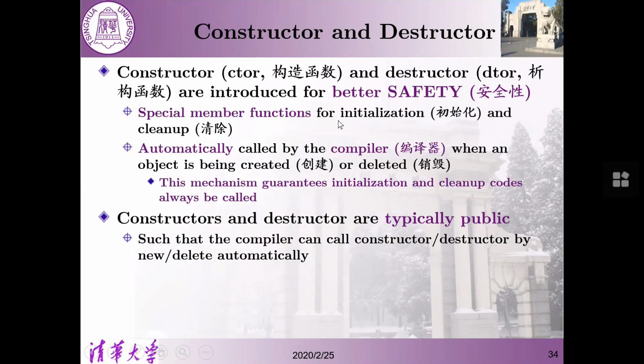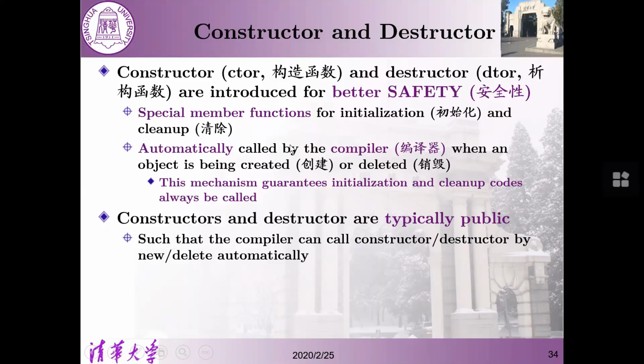They are special member functions for initialization and cleanup. The important thing is that constructor and destructor are called automatically. This is important: automatically called. You don't need to worry about it when an object is being created or deleted. So this guarantees that the initialization and cleanup will always be executed.